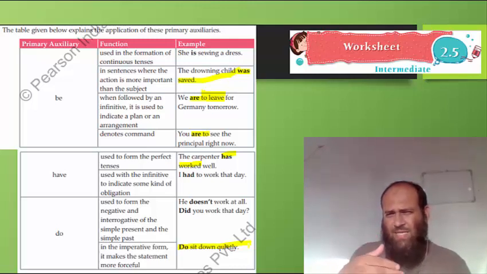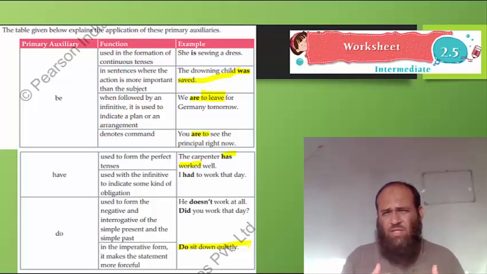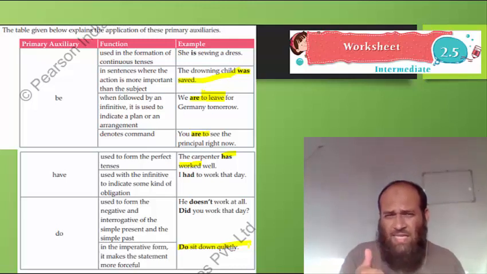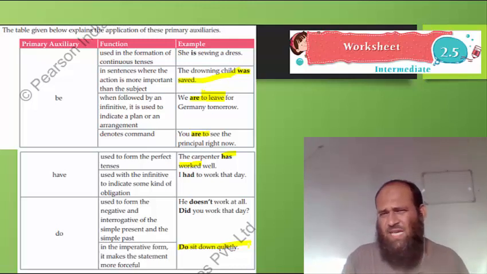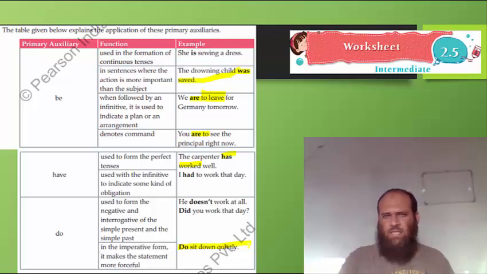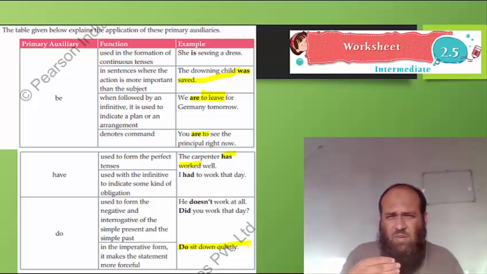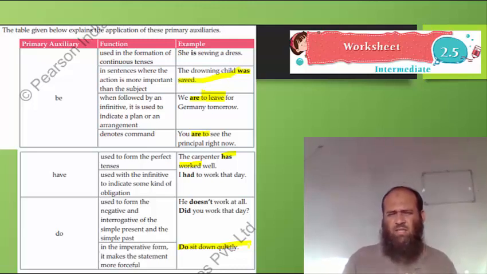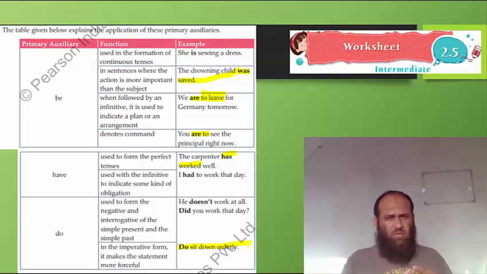It means you are consistently telling me that I've not done it, but I am emphasizing I did do it. Now you can similarly emphasize the action. One thing is sit down quickly. The other thing is you're emphasizing more on it. Do sit down quickly. Now here sit itself shows an order, but when I'm using do to emphasize the action, it becomes more prominently important.